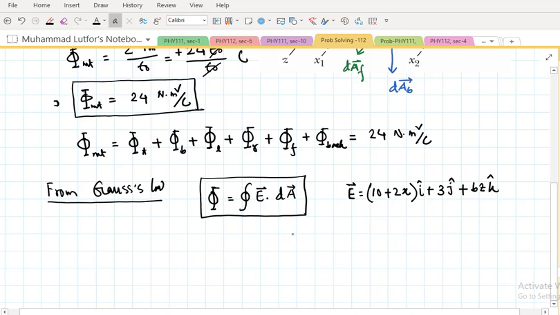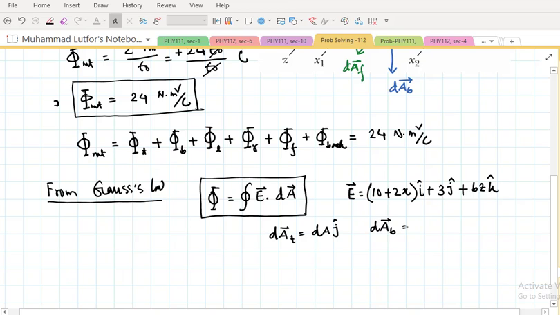Say I can write in that case dA top would be basically dA into j hat, right? It's a top surface, so I write it that way. So what about dA bottom surface?